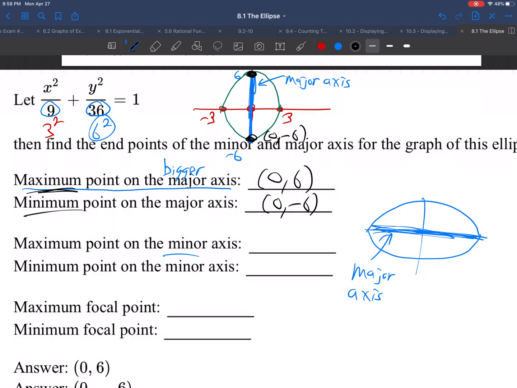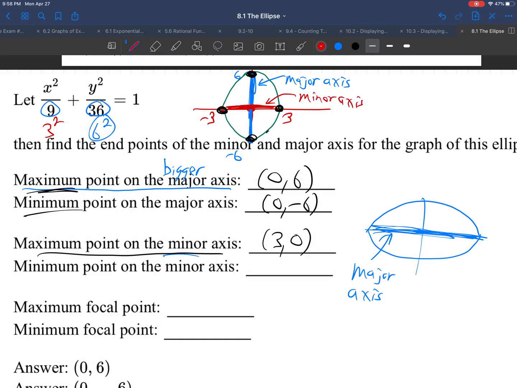And beyond that, they want the maximum point on the minor axis. So that would be right here. That's the point over 3 up 0. And then the minimum point on the minor. So here I could drill that in. That is the minor axis.